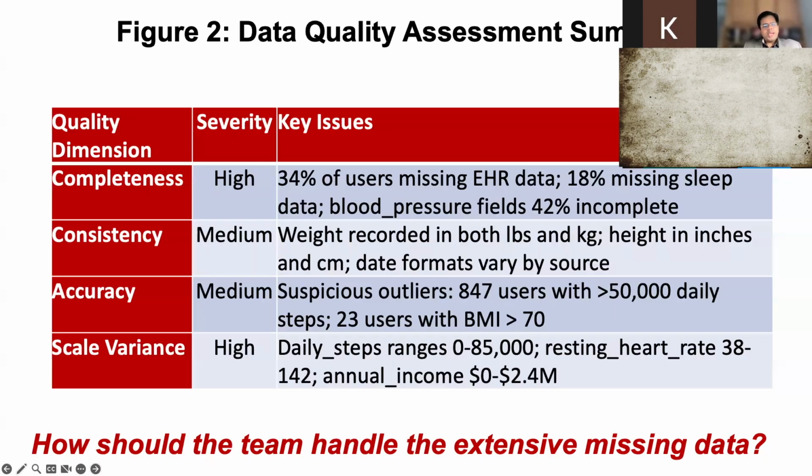So when we have this issue of completeness, we have to think about how to address it. There was some discussion about imputation, and the case has talked about the different options that we have. I would like to ask the class again, among the options that the case has provided, what do you think the team should do to handle the extensive missing data we have here?